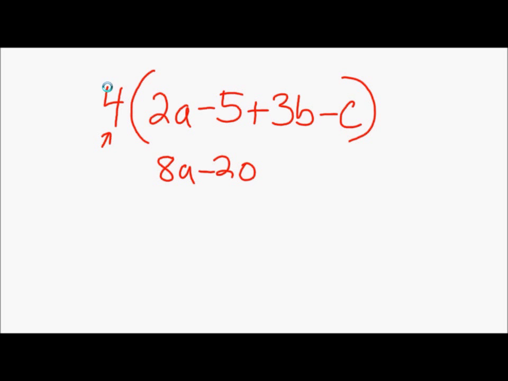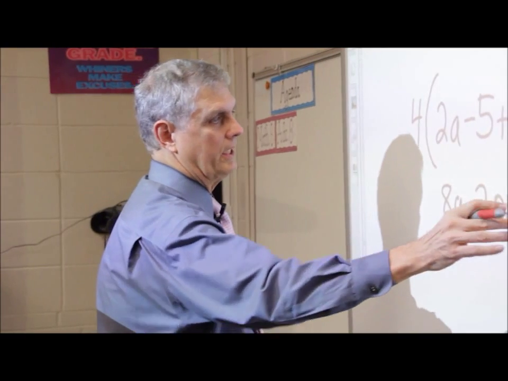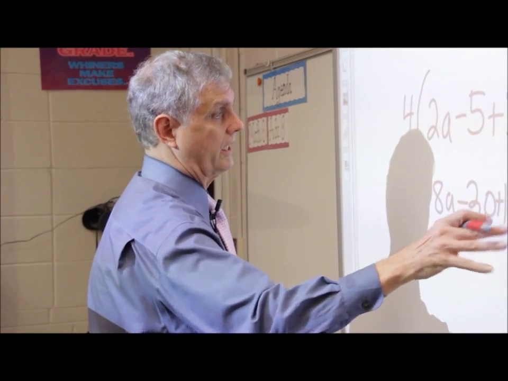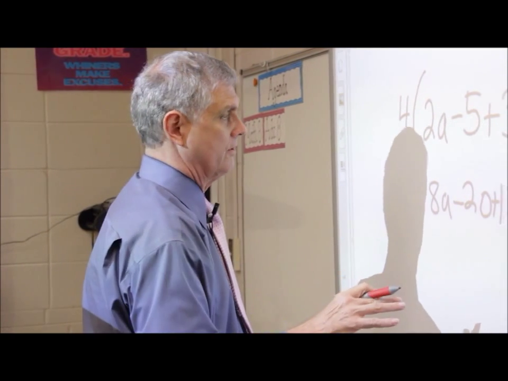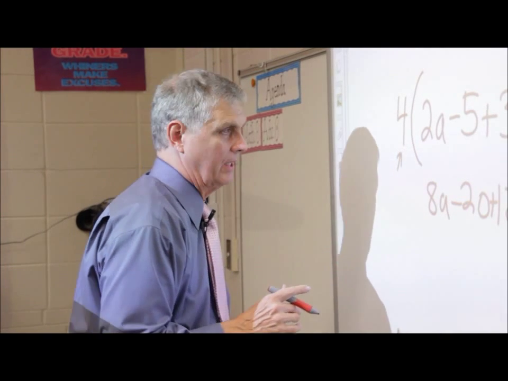And 4 times plus 3b is 12b. And 4 times minus c is minus 4c. Now, if we could combine like terms, and there aren't any like terms here, we would have to go ahead and do that to have a final answer.